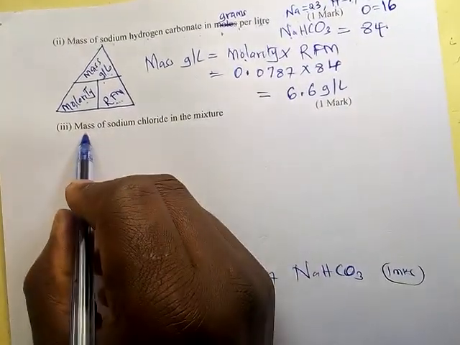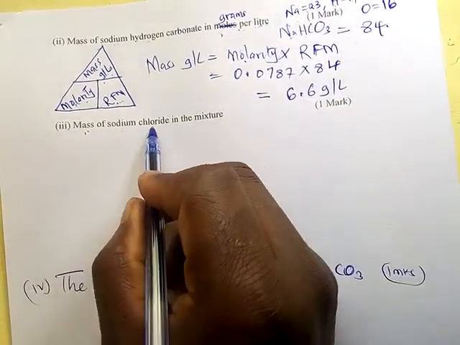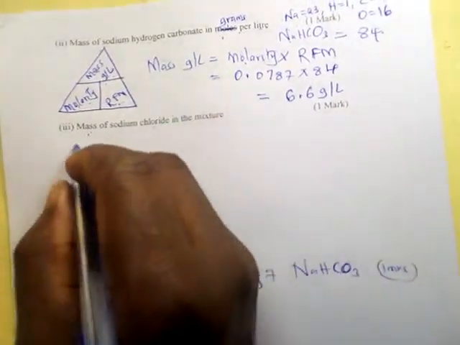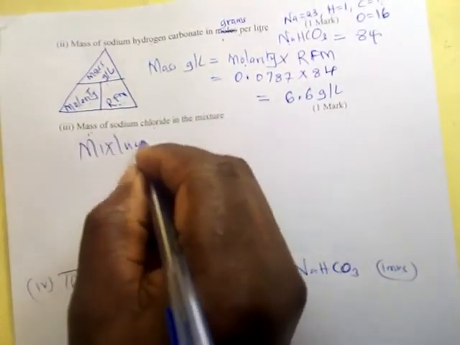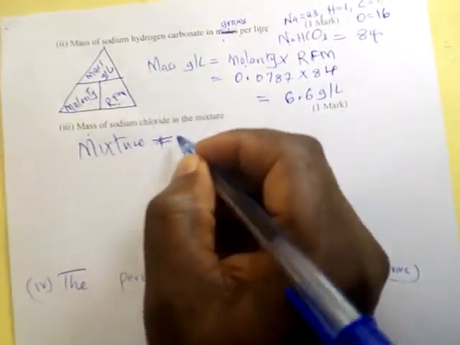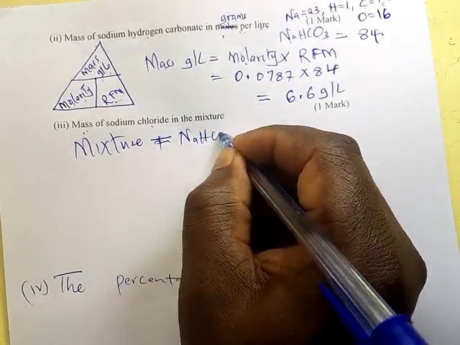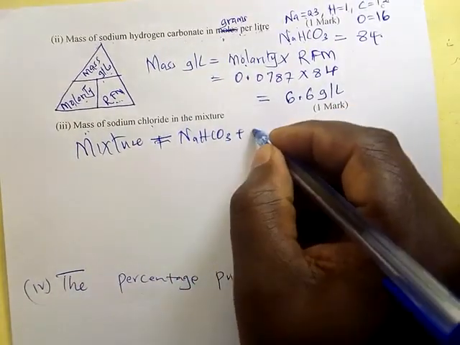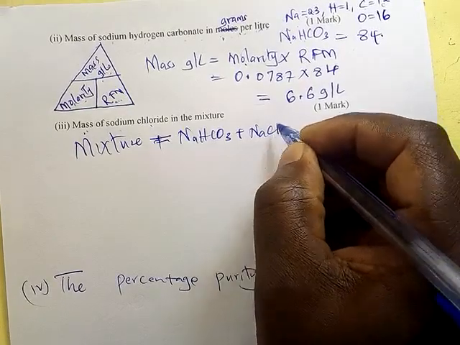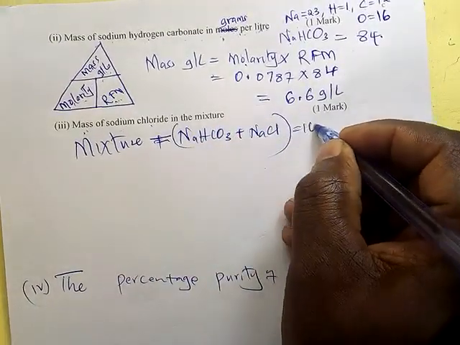Now calculate the mass of sodium chloride in the mixture. Remember, this mixture is formed of sodium hydrogen carbonate plus sodium chloride, and the total here is equal to 10 grams.